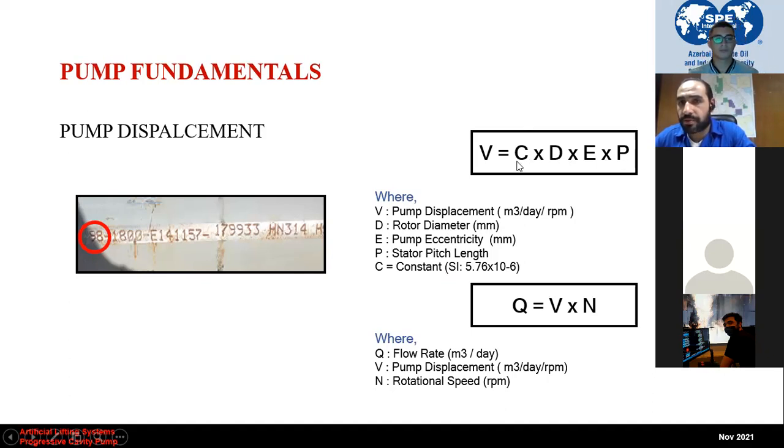C is a constant which changes if you use imperial or metric units. To calculate the production rate or flow rate, you only have to multiply the pump displacement by the pump speed in terms of RPM.